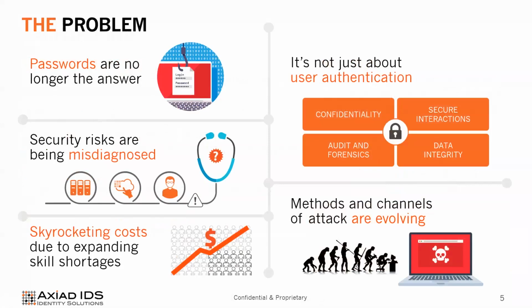So we will talk about passwords and about authentication, but it's not only about solving the authentication problem and replacing passwords. We hope to show you today that our solution could go beyond that in ensuring that the confidentiality of the data, its integrity and its security, whether at rest or in transit, is also met.